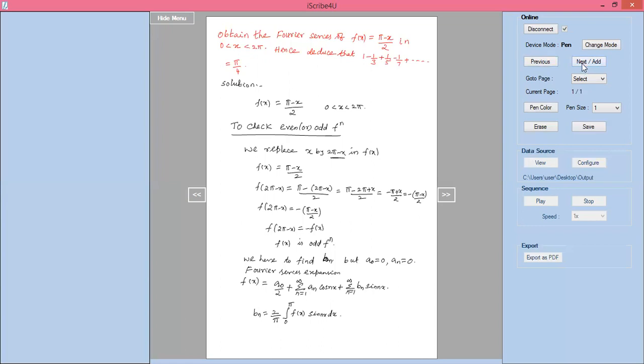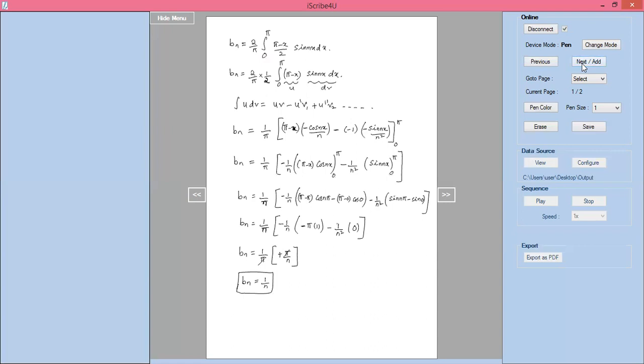Now after finding this, I can substitute a naught, an and bn in f of x. What is the f of x formula?